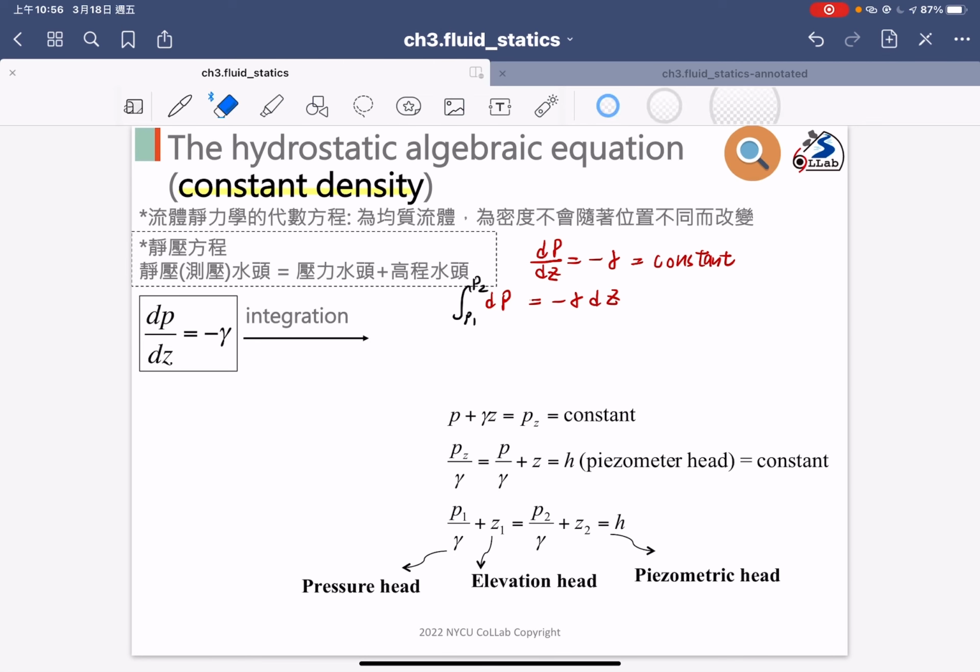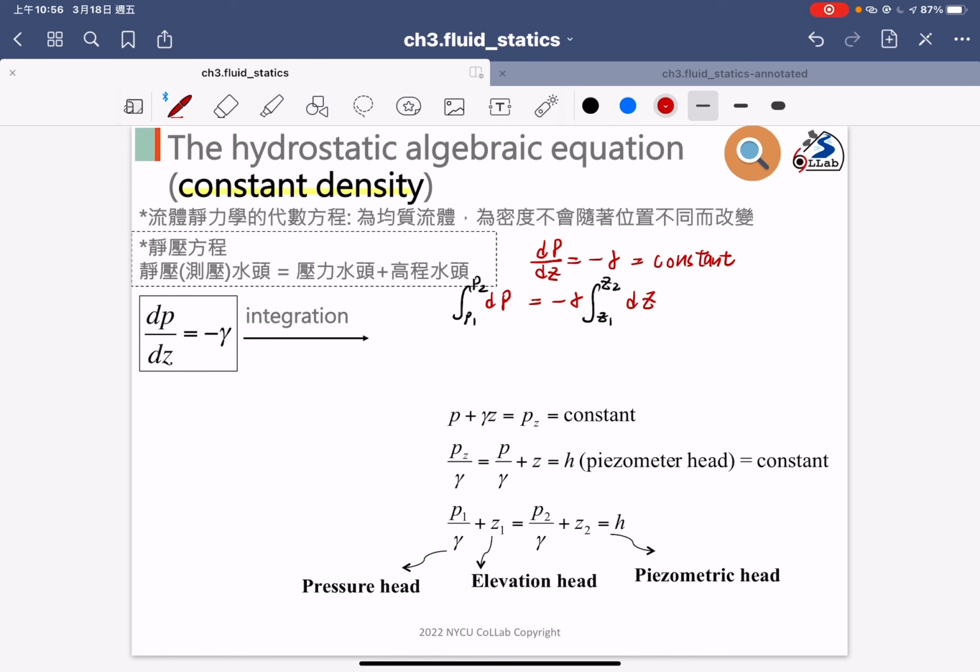Because the gamma doesn't change when the elevation changes, I put the gamma outside of the integration operator, and the elevation goes from Z1 to Z2, with dz the differential elevation.